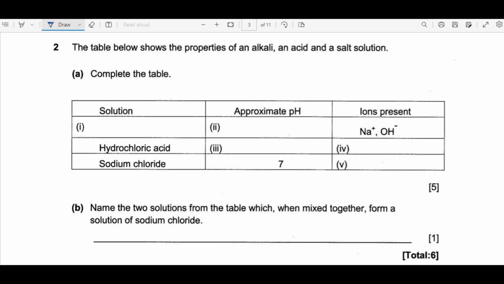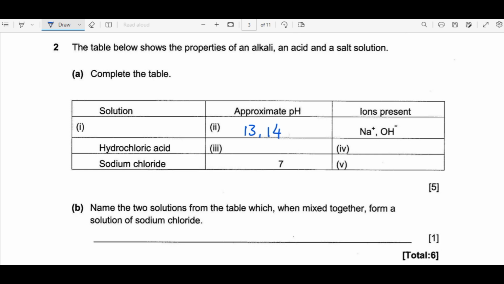So this is a base, and whenever you are dealing with a group 1 metal, we are dealing with a strong base. So this can be 13 or 14. Since we are just giving approximation, these two can be answers, because for a strong base, we need at least 12, 13, 14. These are pH values for a strong base.